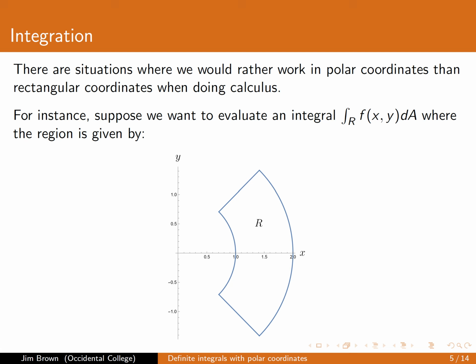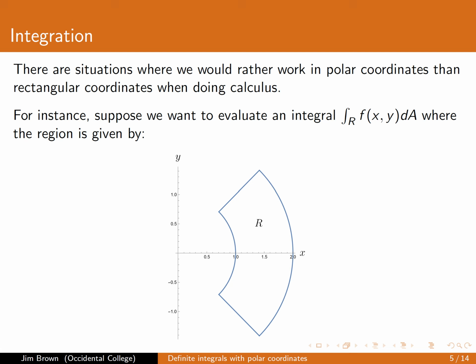Now, if we wanted to set this up with x and y limits, this would be an absolute nightmare. If we fixed a y, we'd enter along the circle and exit along the circle, then enter on this line and exit on the circle, and so on. We'd get all kinds of integrals with square roots of 1 minus x squared, 2 minus x squared, things like this, and those are not really nice to work with.